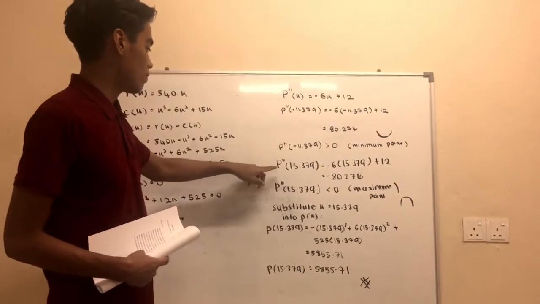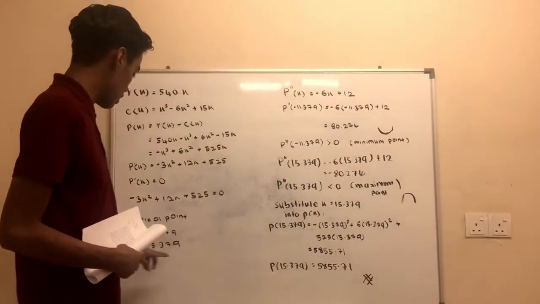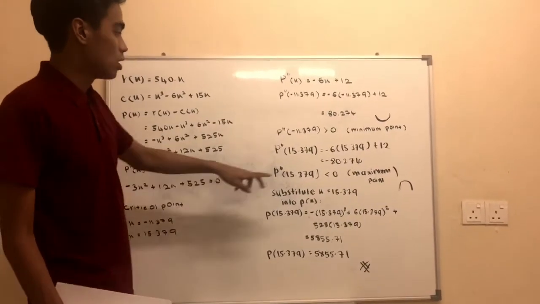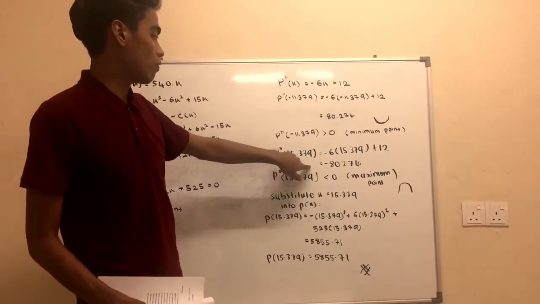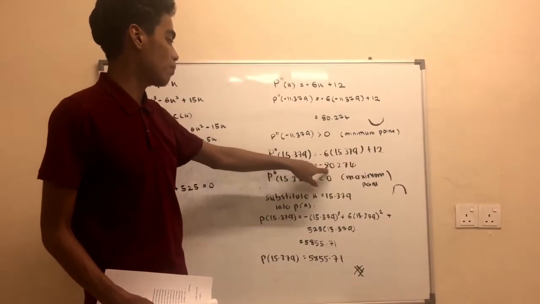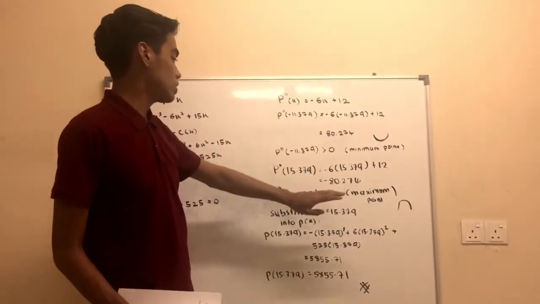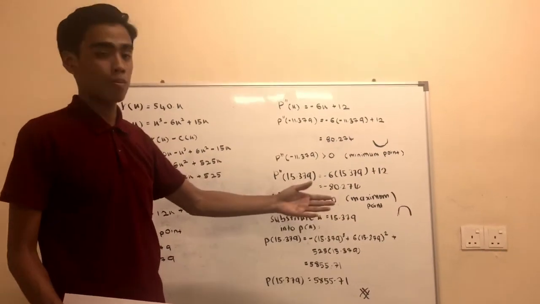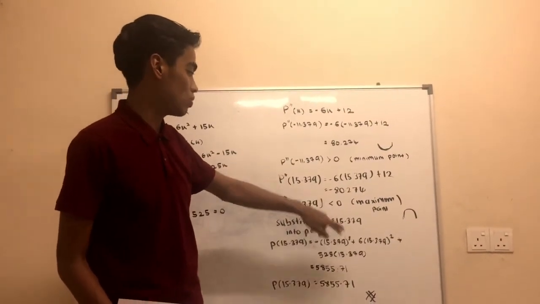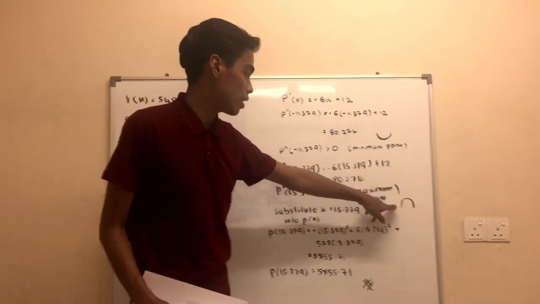And then we plug in the second value of x, which is 15.379. After I plug in the value of x, I got negative 80.274, and we know it is a maximum point because it is lower than 0. The graph will be like this.